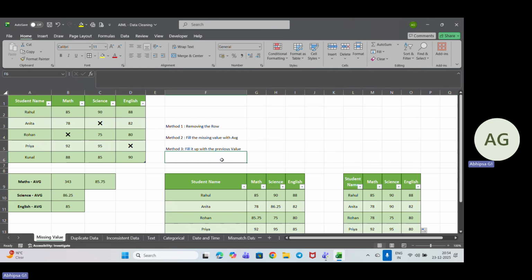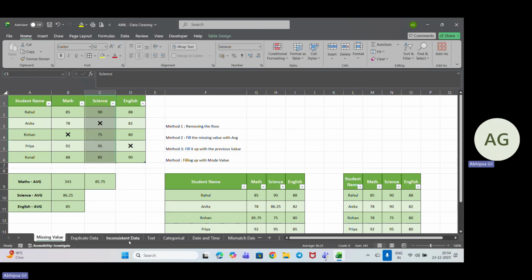Next, we have the next method that we can discuss, that is filling it up with mode values. So what is mode value? You can see the science scores here, right?